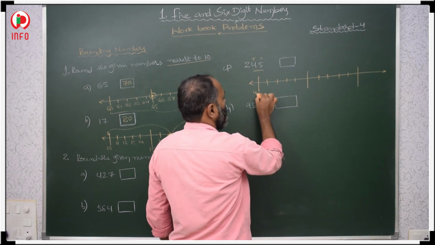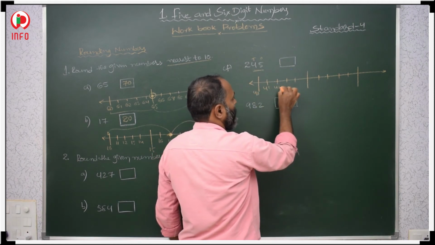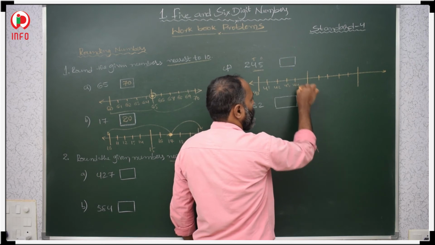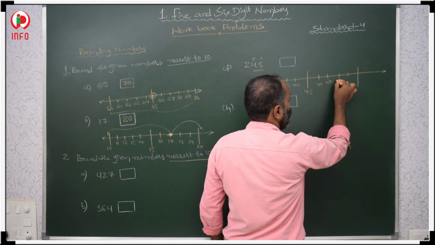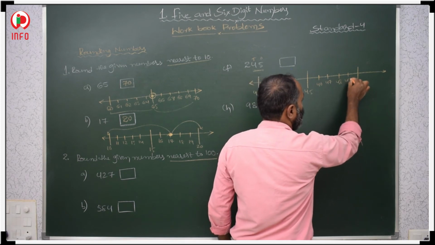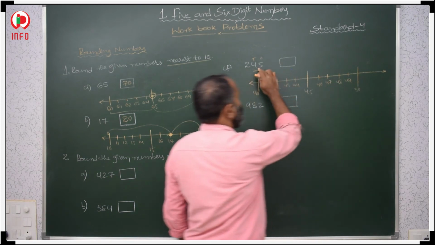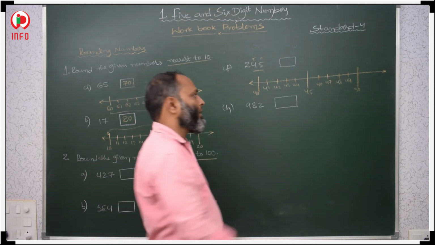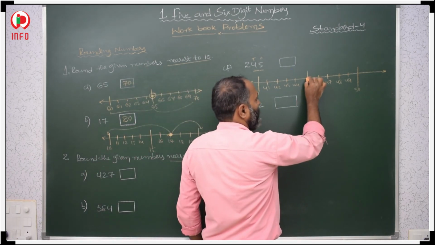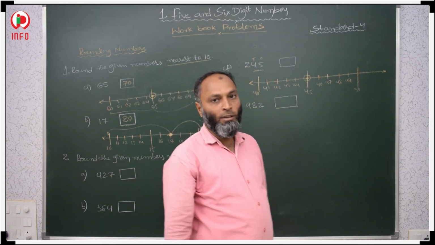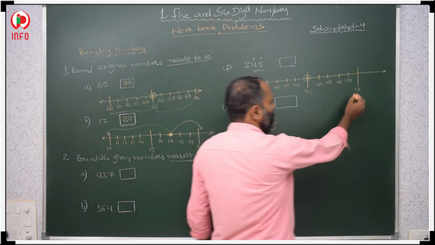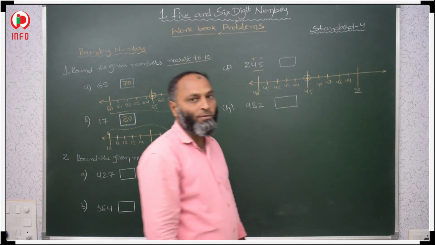What is here? 45. 45 is exactly in the middle of these two, 40 and 50. So we have to give the preference to the right value, that is 50.